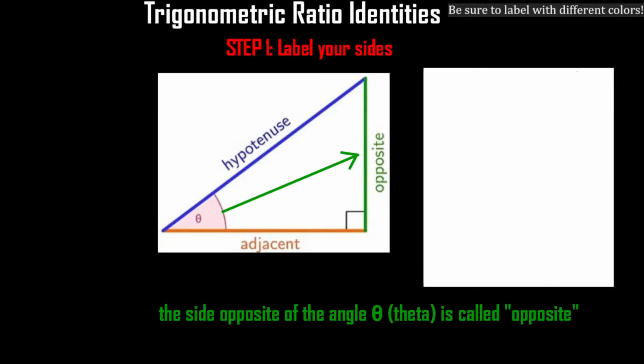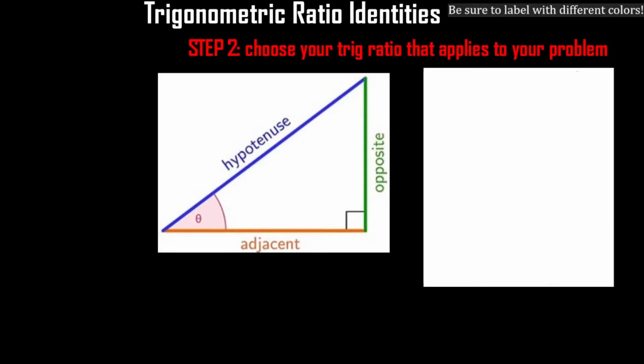And so now we're going to figure out what ratio we need to solve our problem. So if you're solving for one of them, you have to make the right decision. For example, the sine of theta is going to be the opposite divided by the hypotenuse. So it's the side length of the opposite divided by the side length of the hypotenuse, equal to the sine of theta.